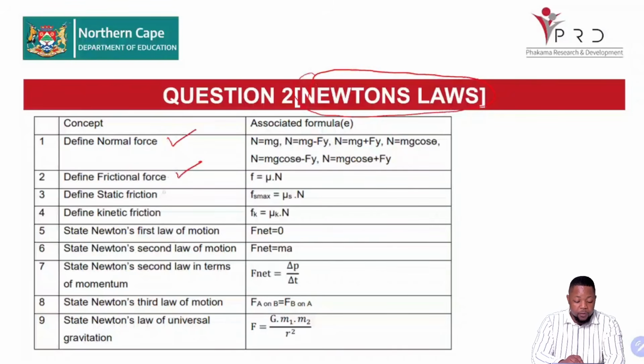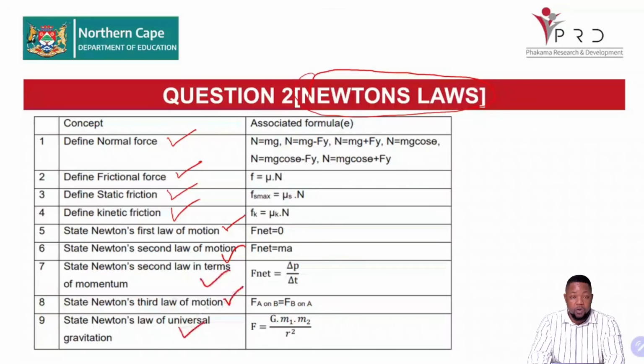You need to be able to define static friction, to define kinetic friction. You need to be able to state Newton's first law, Newton's second law, Newton's second law in terms of momentum, and Newton's third law. And then you need also to be able to state Newton's law of universal gravitation.